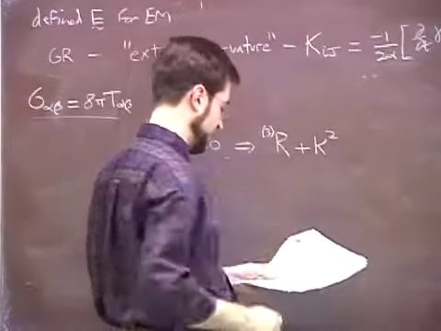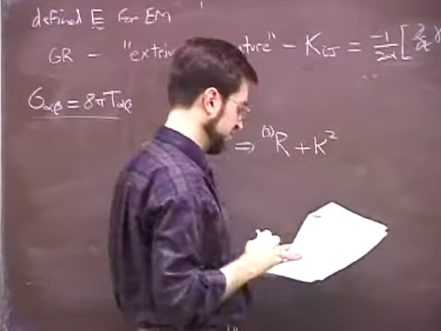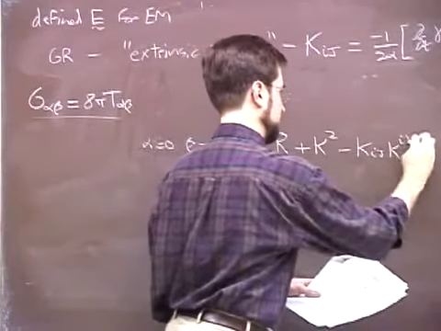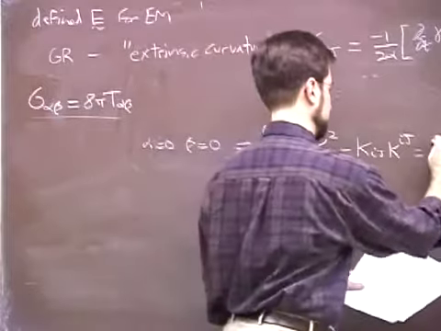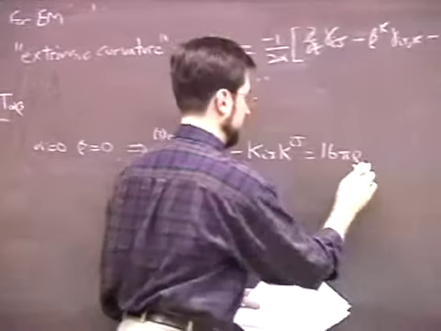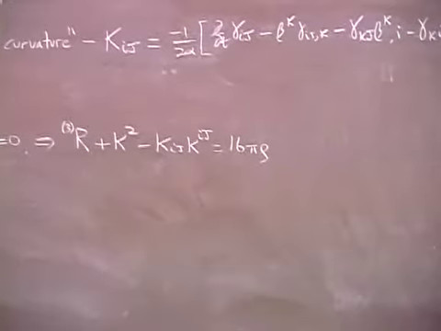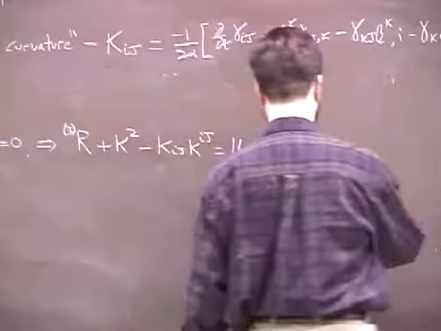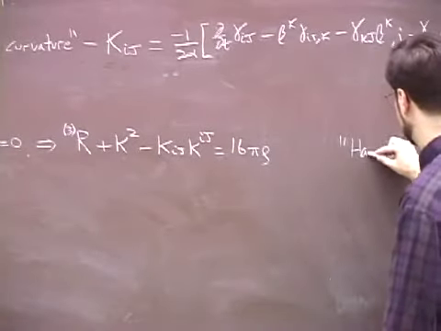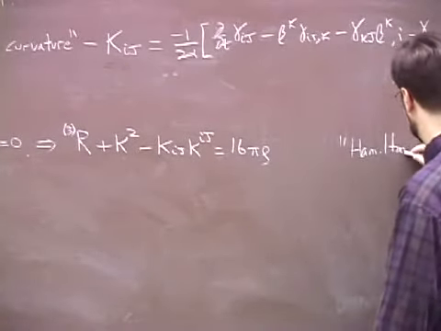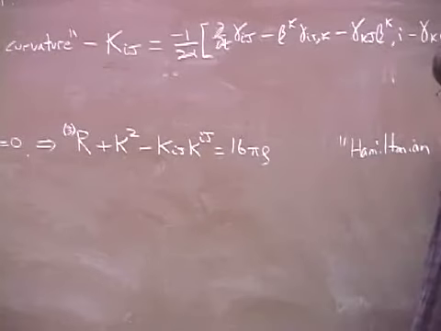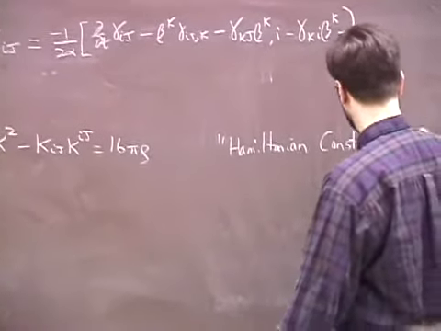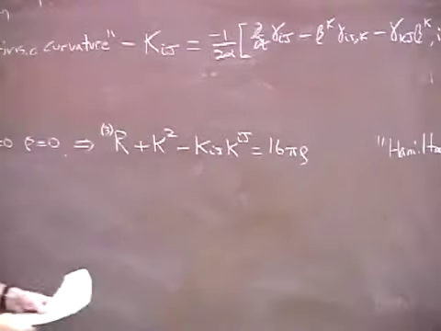I get things that have this extrinsic curvature squared in it, 2 terms like that. And I get a matter piece. So this is a lot like the divergence of E equation. And all these equations have names. So if you read a paper and you see somebody say Hamiltonian constraint, that's this equation.